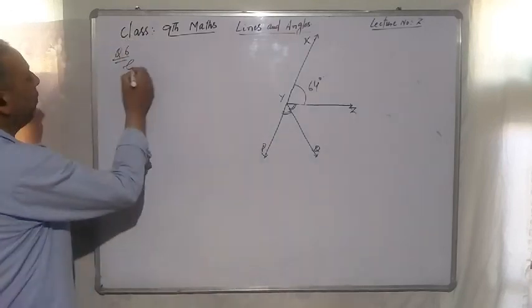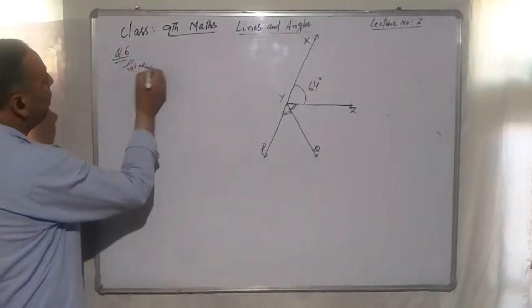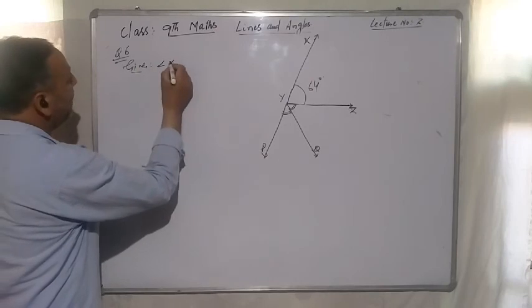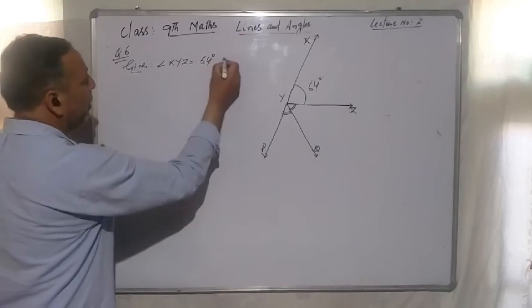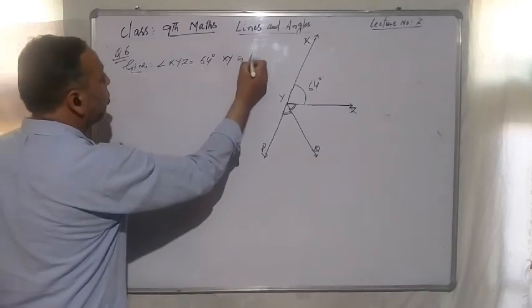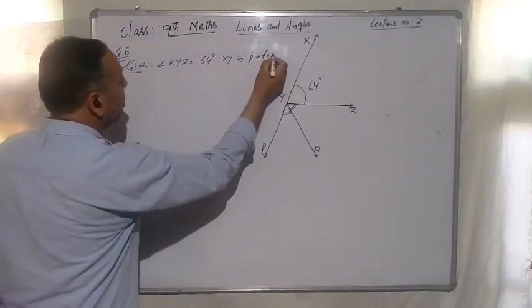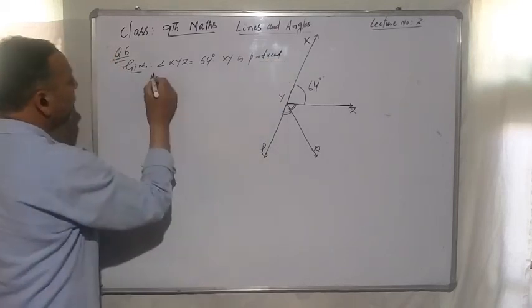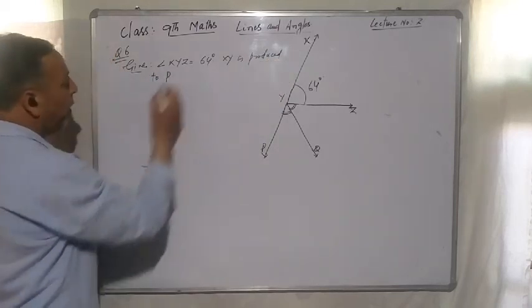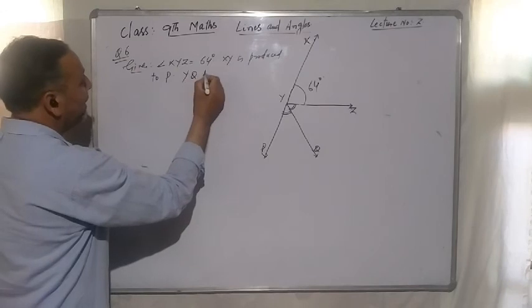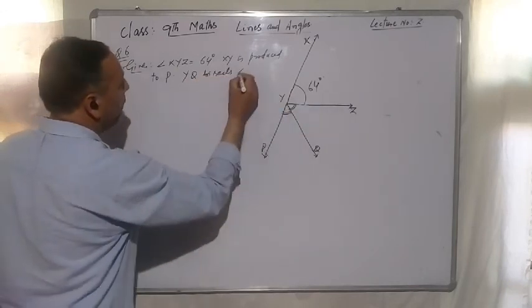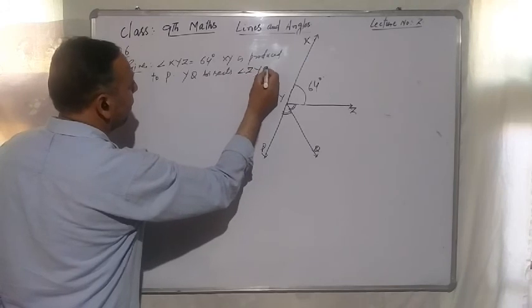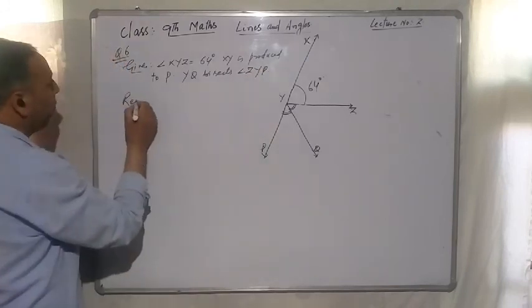So what is given? Angle XYZ is equal to 64 degree. XY is produced to point P, and YQ bisects angle ZYP. Look here.